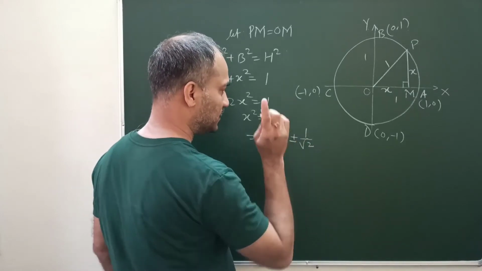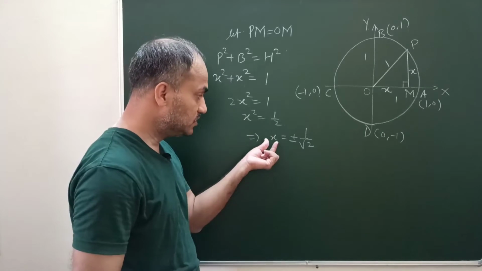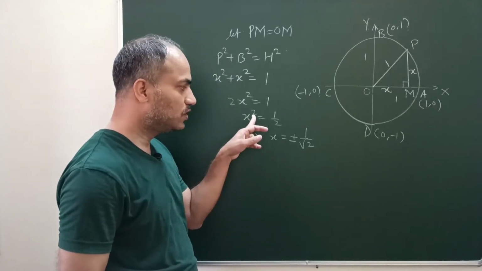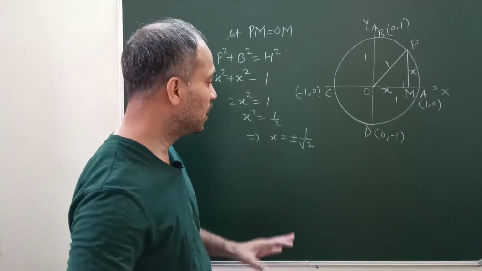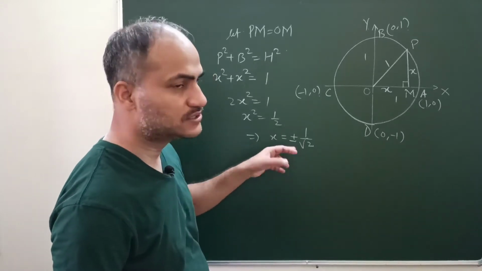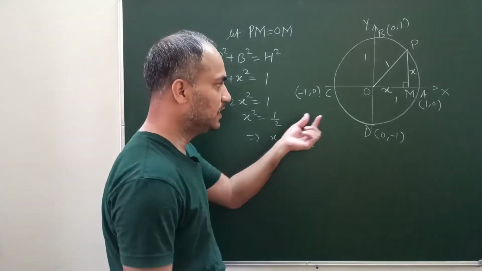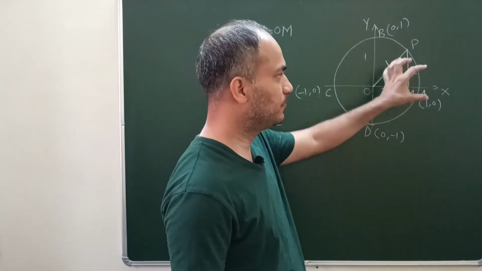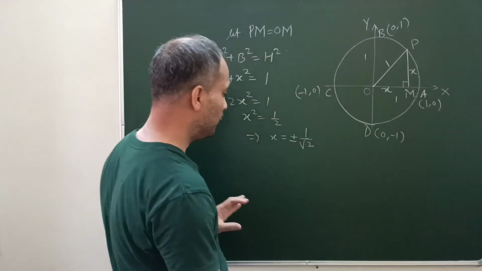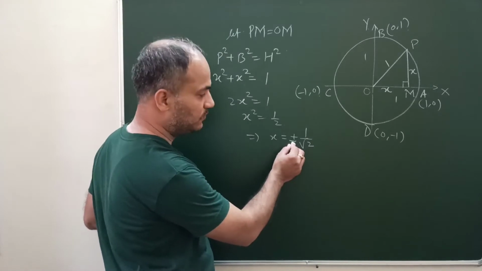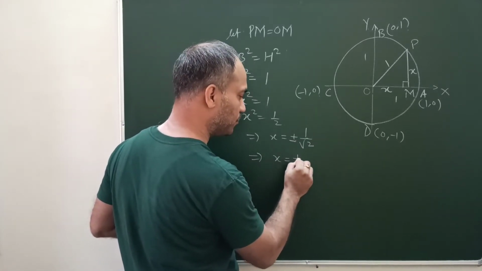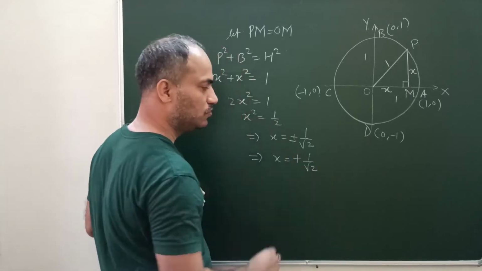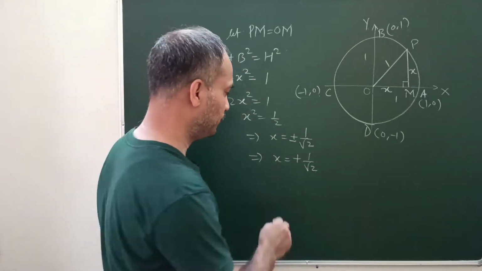Remember guys, whenever the power is 2, always plus and minus sign will come. Now out of this plus and minus, just focus. What is x? x is the distance between O and M, that is PM. So this distance cannot be negative. That's why we are taking x as positive 1 upon root 2.